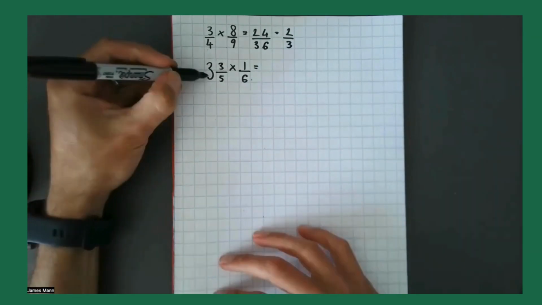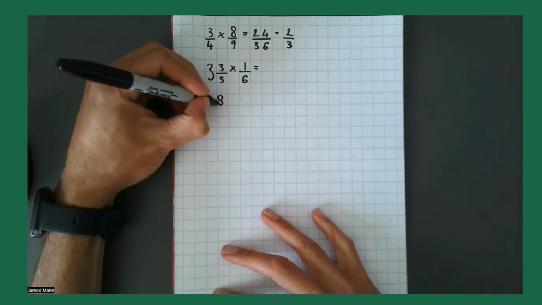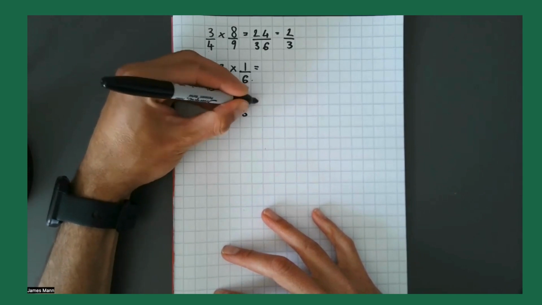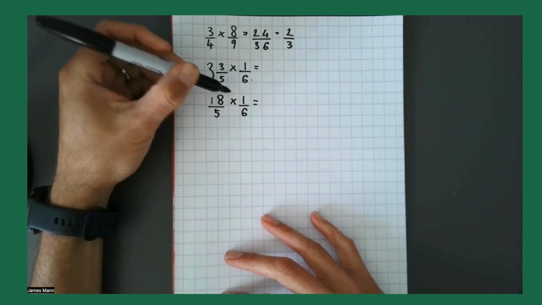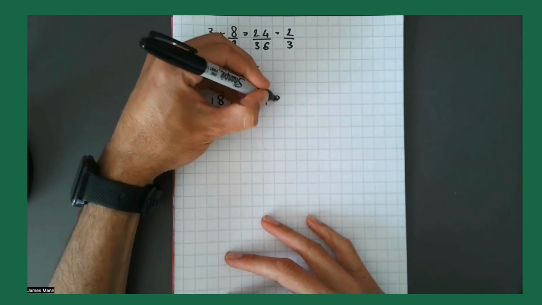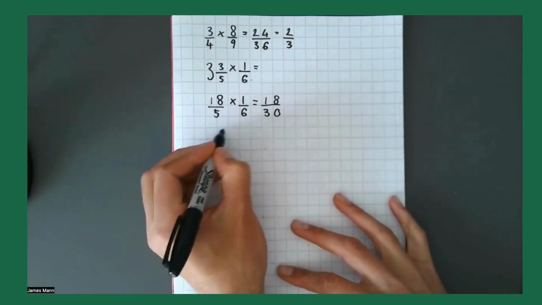So we've got 3 times 5 equals 15. I add that onto the numerator. That gives me 18/5 and then 1/6. And then we're back to step 1, which is numerator by numerator, denominator by denominator. And that gives me 18/30. And that can be simplified if you want it.